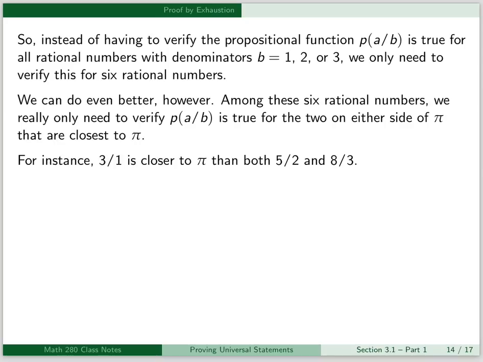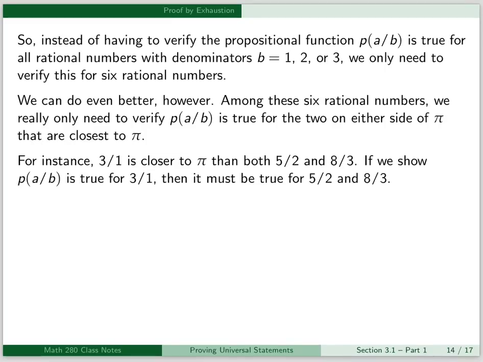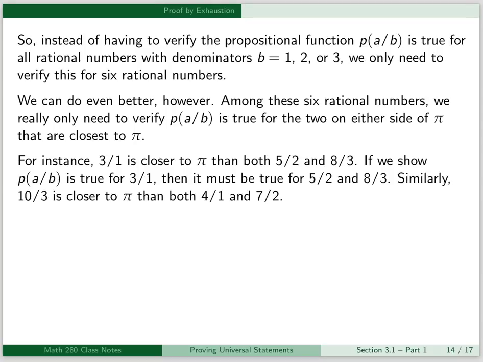For instance, 3/1 is closer to pi than both 5/2 and 8/3. If we show p of a over b is true for 3/1, then it must be true for 5/2 and 8/3. Similarly, 10/3 is closer to pi than both 4/1 and 7/2.